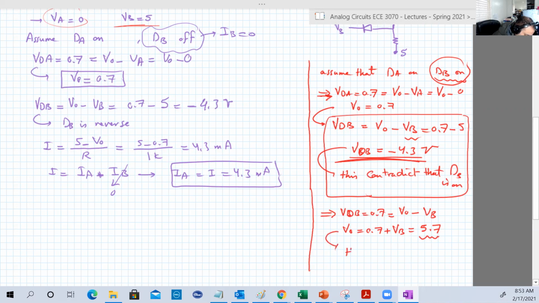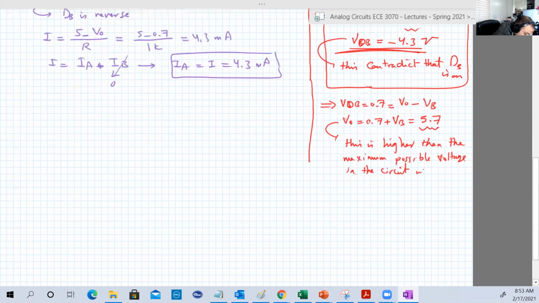This is higher than the maximum possible voltage in the circuit, which is the battery, 5 volts. If you have a circuit with a battery, you cannot find a voltage drop in that circuit higher than the battery voltage. You will have some discrepancy.